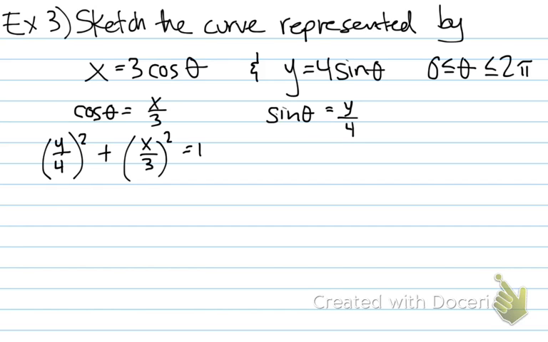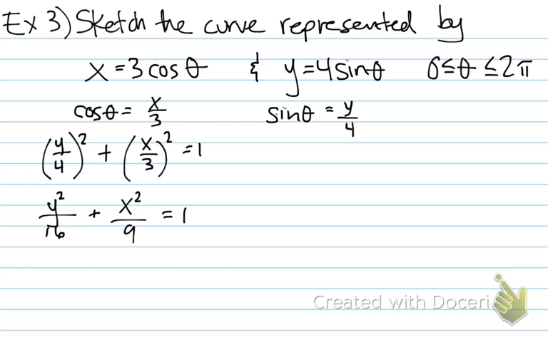If I simplify these a little bit, I get y squared over 16 plus x squared over 9 equals 1. Hopefully you recognize that this looks a lot like the equation for an ellipse, so we can graph it like we would graph an ellipse.